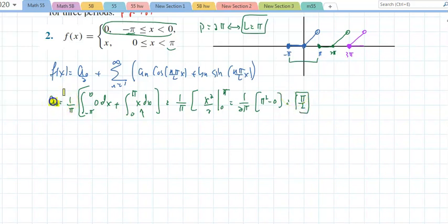So here I got what a sub 0 is. I know it's going to be pi over 4 when I'm done with this.